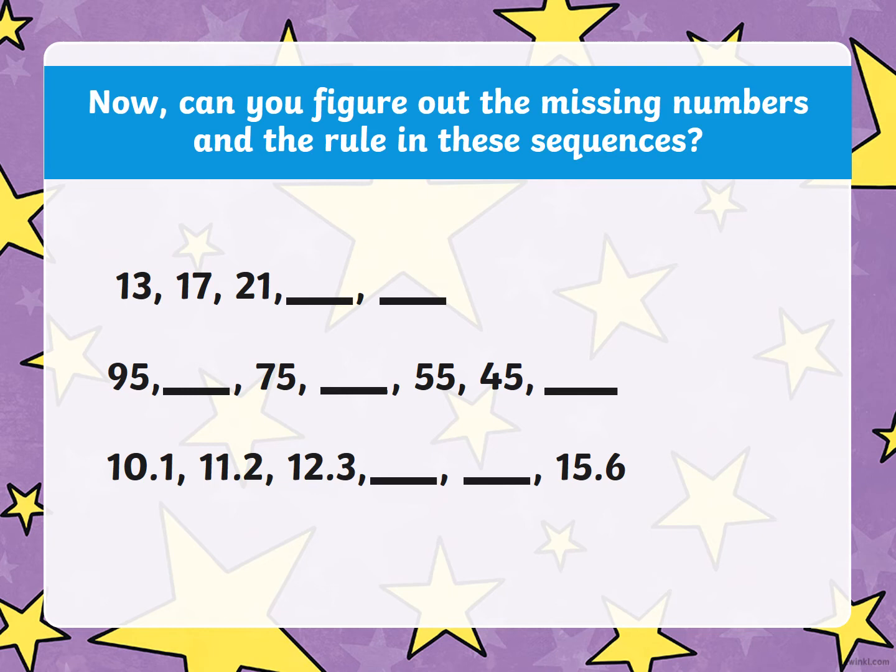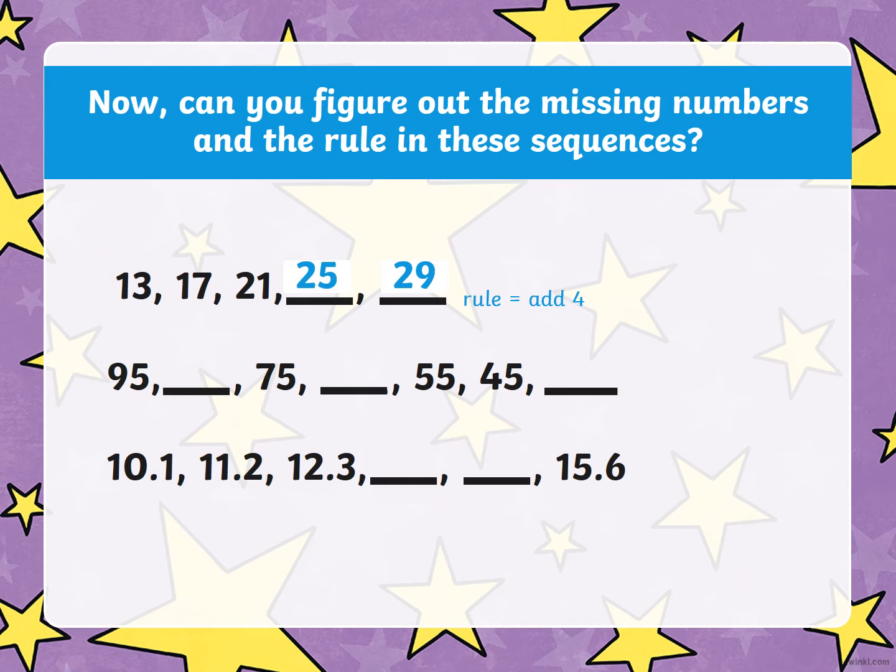We add 4. What do we add to get from 17 to 21? Oh, we add 4. So what will our next number be? Well, we'll continue the sequence and we'll add 4. So it should be 25. And then if you continue that, you would add 4 again to 25 and you'd get 29.